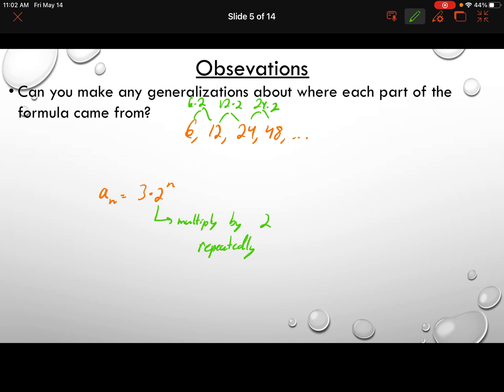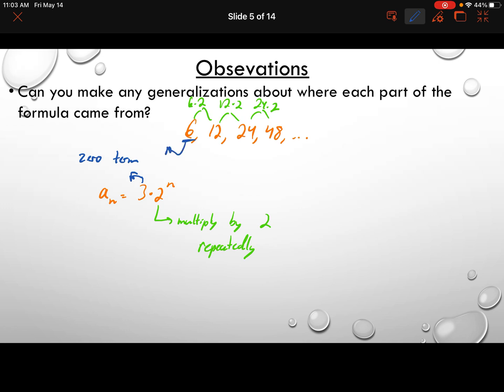All right, well, where does the 3 come from? Well, the 3 comes from kind of the same place where, if you recall, when we did arithmetic sequences, the C value came from. The 3 is your 0 term. Or in other words, what happens if we went backwards, right? So we know 6 is our first term.